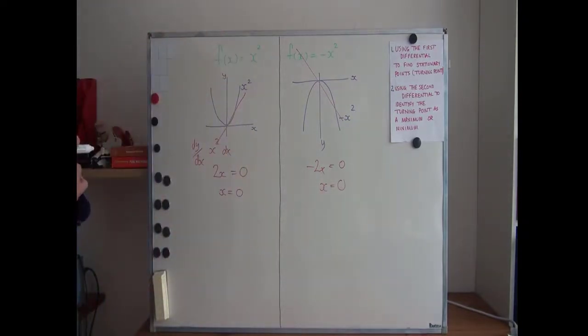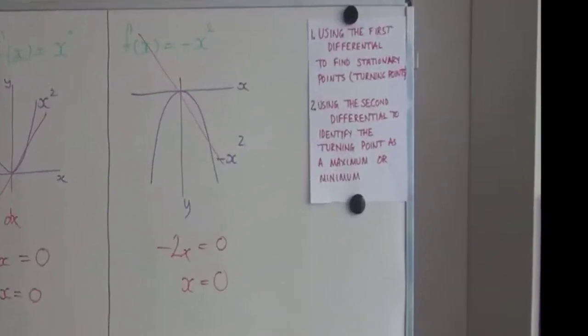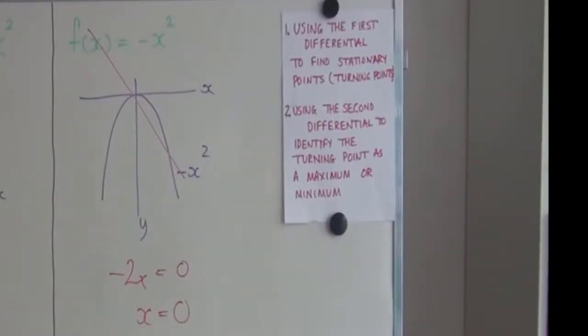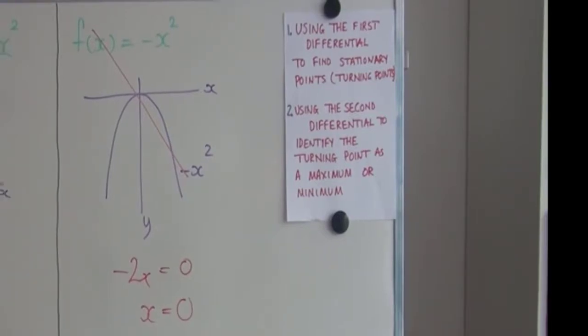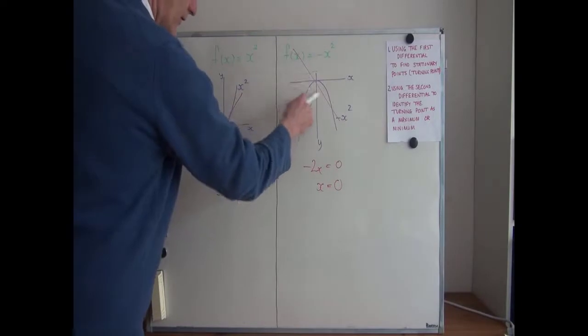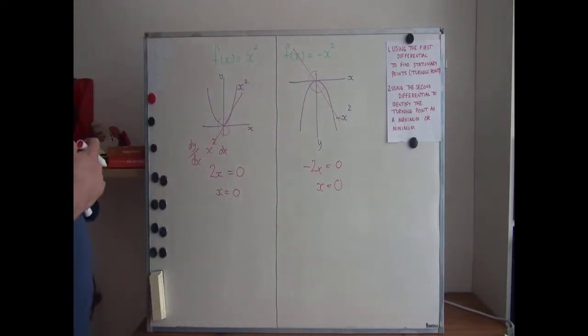So the stationary point for both of these curves is exactly the same. The second differential allows us to say whether any given turning point, this one here or that one there, is a maximum or a minimum. So how does it do that?